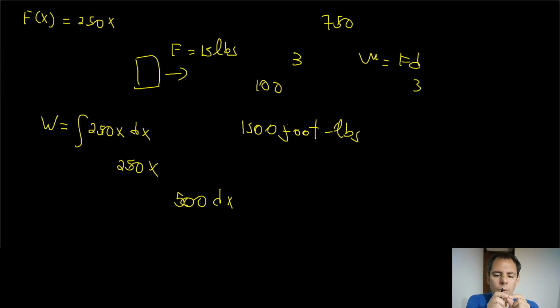But if you want to go an infinitesimal amount to the right and compress the spring just a little bit more, what's going to be the work right there as this dx goes to 0? This dx, guys, what is dx? It's x approaching 0. Is it ever going to be 0?